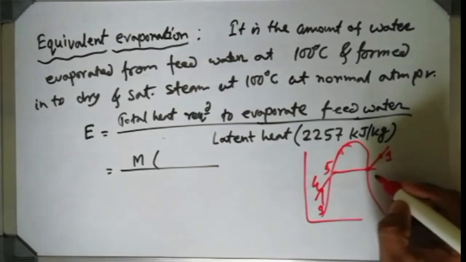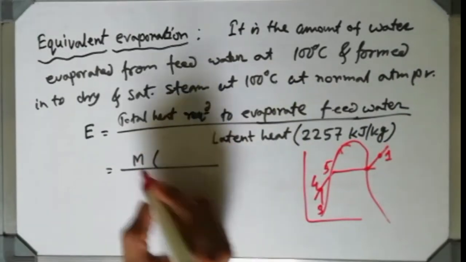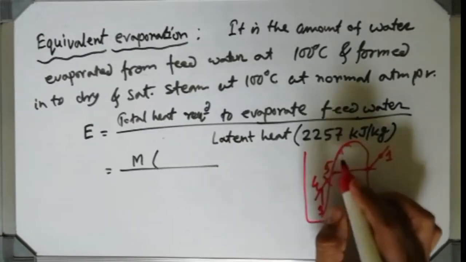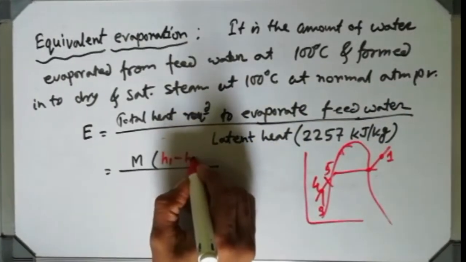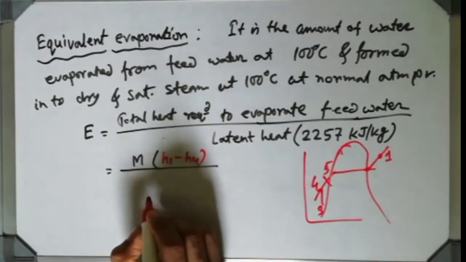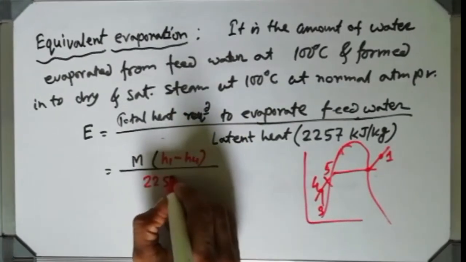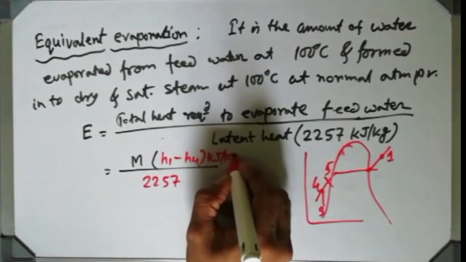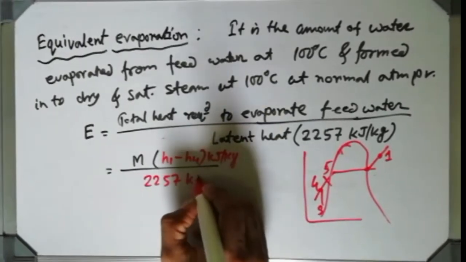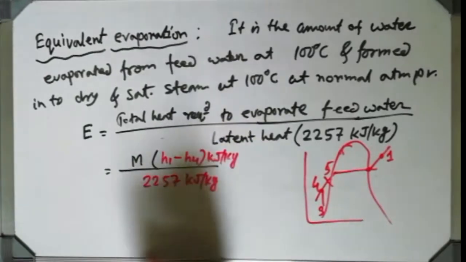This point was 1. So I can write that phase change process as H1 minus H4 divided by 2257. This unit will be kilojoule per kg, H1 minus H4, and 2257 is also kilojoule per kg.